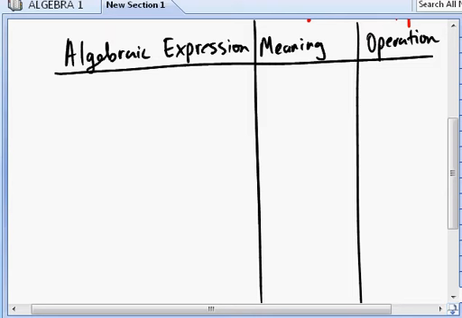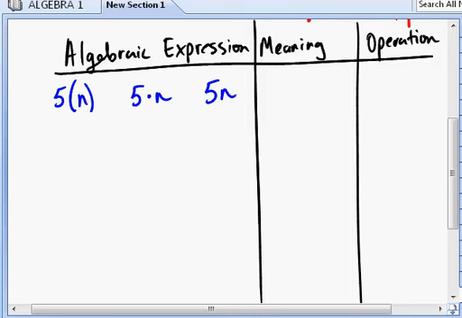So here are just some examples. The first one says 5 parenthesis n, 5 times n, and 5n. Okay? Now, these are actually 3 separate expressions, and they all mean the exact same thing.